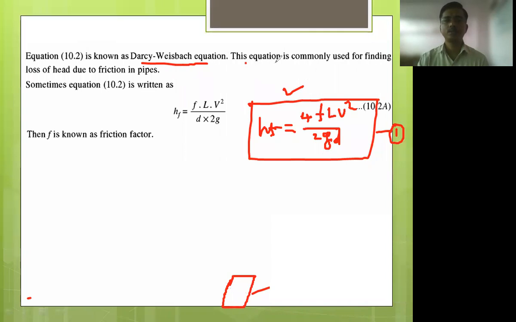Below that, write down: this equation is commonly used for finding loss of head due to friction in the pipes.